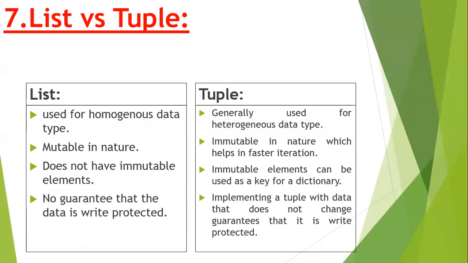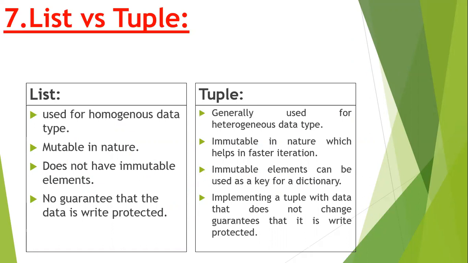Next, list versus tuple. What is the difference between list and tuple? A list is generally used for homogeneous data types. A tuple is generally used for heterogeneous data types. A list is mutable in nature; a tuple is immutable in nature, which helps in faster iteration.